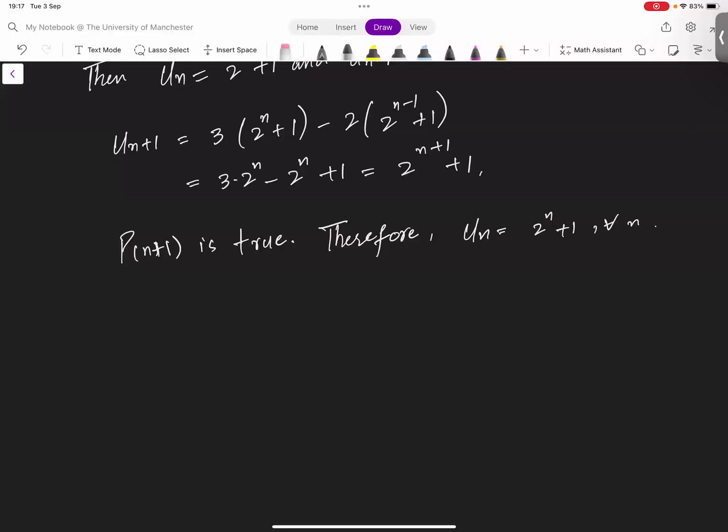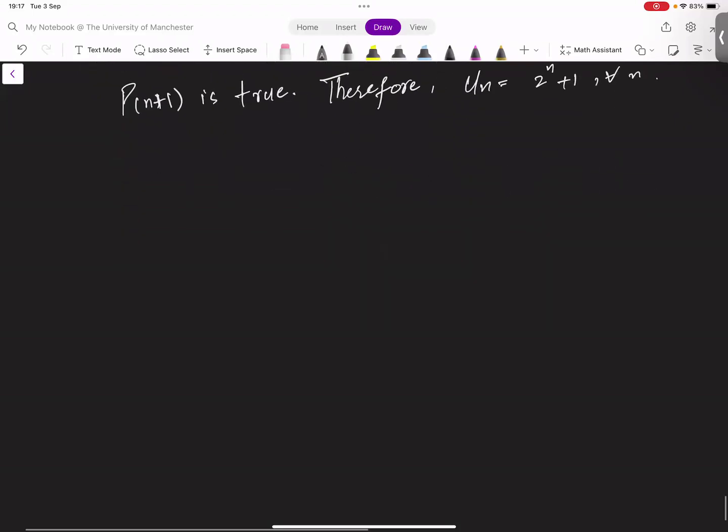Okay. Now we can do another exercise, which says: prove the following statements by induction.